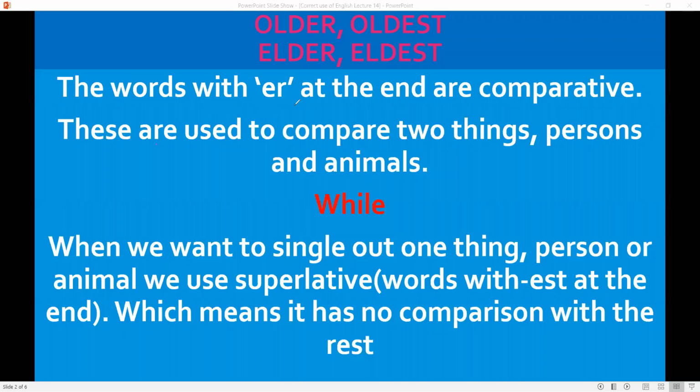The words with ER at the end are comparative, meaning they are used to compare between things, persons, or animals, while the words with EST are used to single out one thing, one person, or one animal when it has no comparison with others. The words with EST are called superlative, and words ending with ER are called comparative because they are used to make comparison.